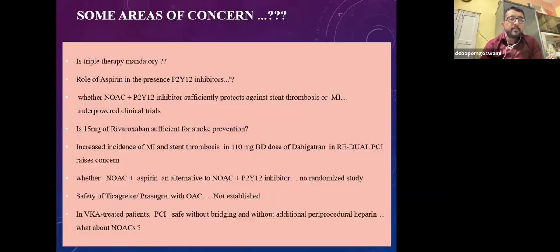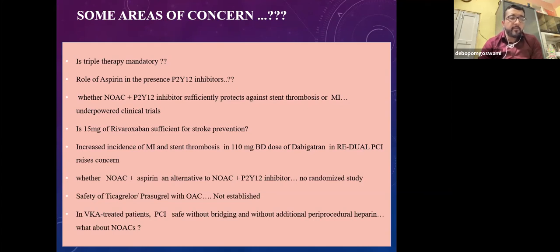Next slide. Now, a few areas of concern: is triple therapy actually mandatory? What is the role of aspirin in the presence of P2Y12 inhibitors, and whether NOAC plus P2Y12 inhibitor sufficiently protects against stent thrombosis or MI? The clinical trials done till now are underpowered to say this.